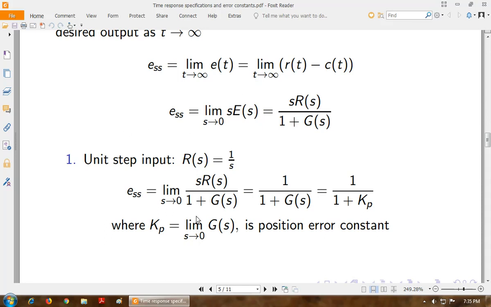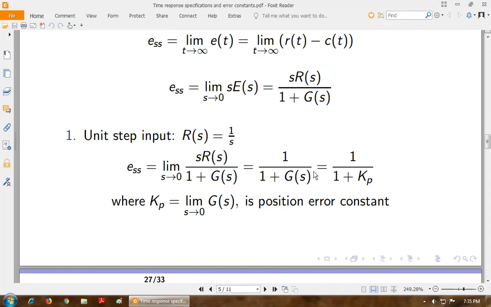Now let's have the unit step input, for which we know that R(s) is 1 over S. Substituting here, the steady state error is equal to 1 upon 1 plus Kp. Here G(s) is equal to Kp, because we do not know the value of the terms in S, and hence it cannot be considered as 0.